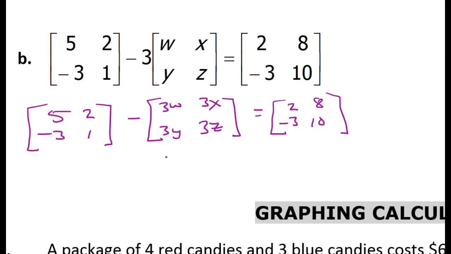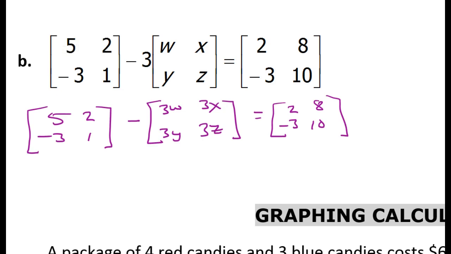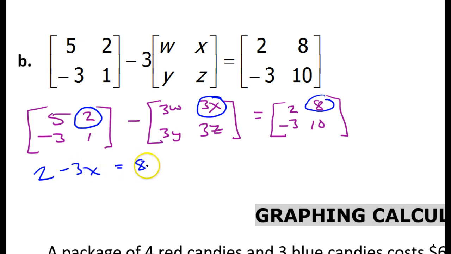Okay, so all I have to do is look at the corresponding entries. So for example, look at this entry. The corresponding entry is here and here. So I can string these together and make an equation. 2 minus 3x must equal 8.